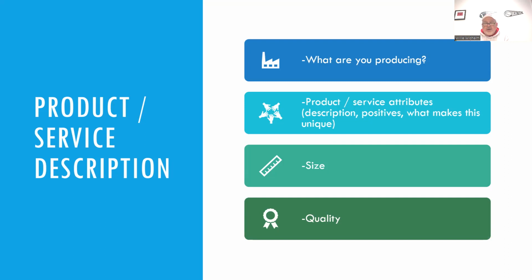You're going to describe positives about your product or service, what makes it unique. You'll have a little description of the size of your product if it is something that you're selling, and the quality, whether it be product quality or service quality.